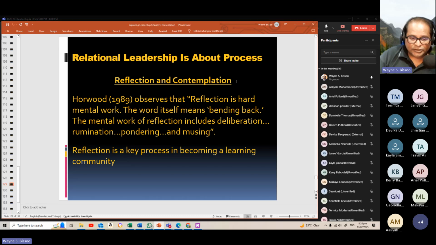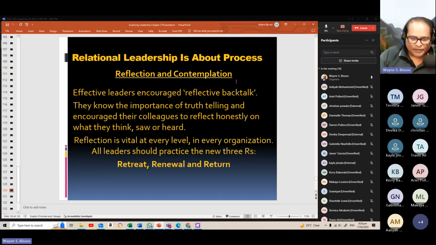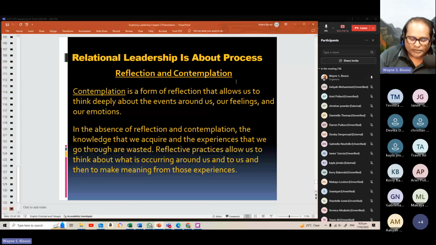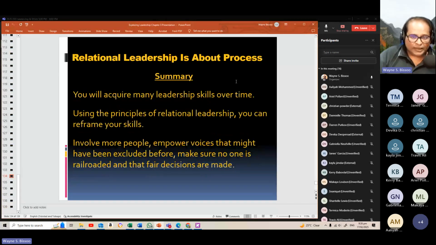So the whole relational leadership model is process oriented, and that process leads us into completing all aspects of the model, the other four areas, and continuing that whole situation where we are able to make improvements, be more inclusive, be more empowering, correct mistakes we made in the past, make sure our values are reflective of what's taking place around us. So it's an ongoing process that we need to be looking at all the time.